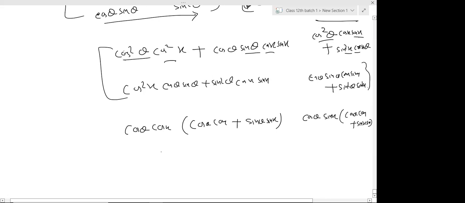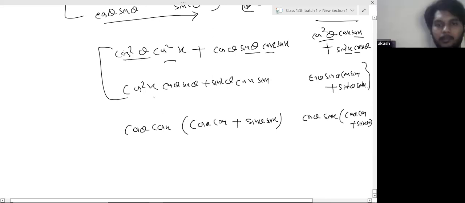All right. From here, what is common? Cos x and sin theta. So cos x and sin theta. Here cos x cos theta plus sin theta sin x.